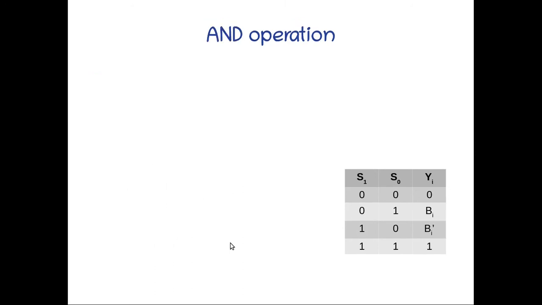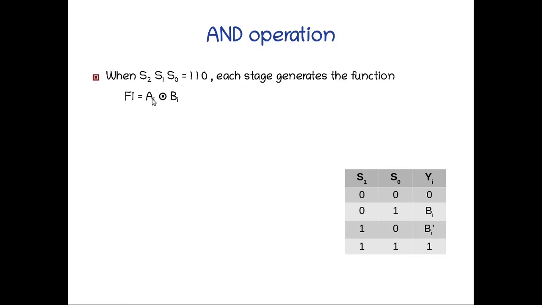Then next we have to modify to obtain the AND operation, when S2, S1, S0 is equal to 1 1 0. In our previous arithmetic circuit, each stage generates the function fi equal to ai XNOR bi.